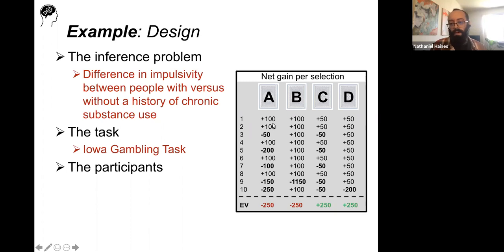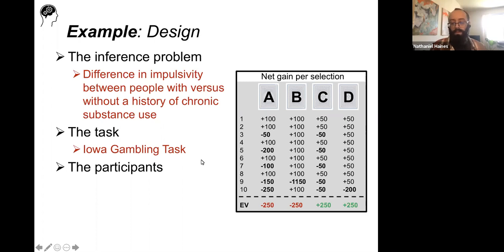And so you get different amounts. If you were to pick decks A and B in the long term, the expected value of continuing to pick those decks is that you end up losing a lot of money in the task. And so we consider A and B bad decks, for lack of a better word. And then C and D lead to long-term gains, and so we consider those good decks, right?